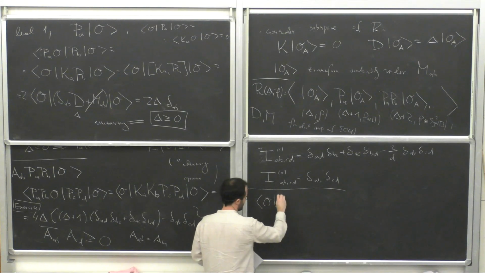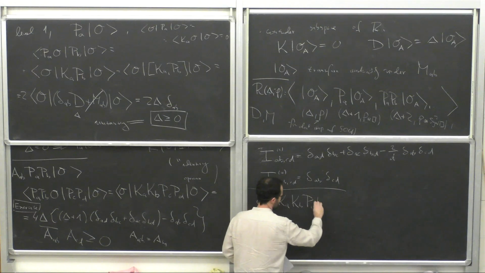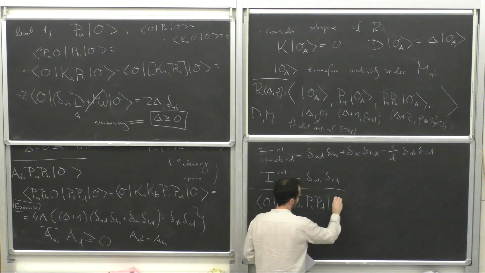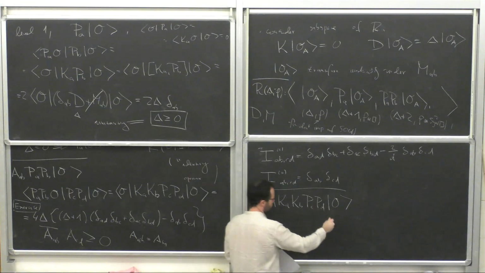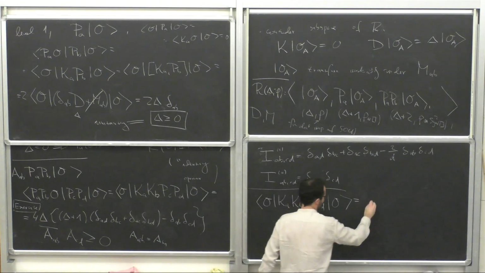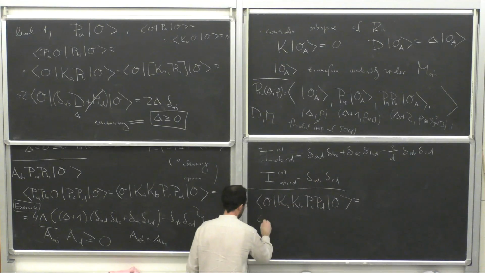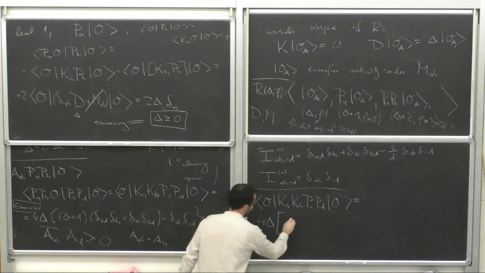So the matrix of inner products is KA, KB, PC, PD. It's obviously symmetric under AB and under CD, but it's not traceless. Instead, it's this, which is the same thing as 4 delta plus 1.